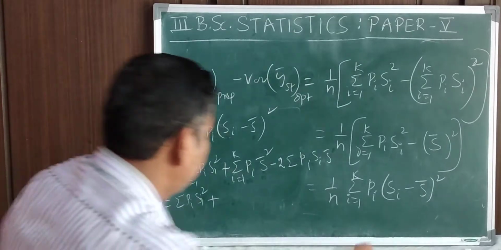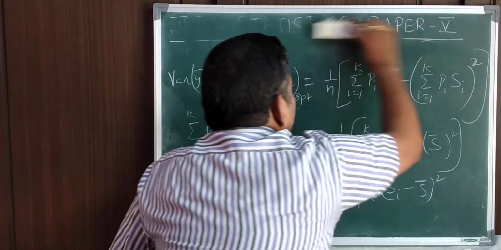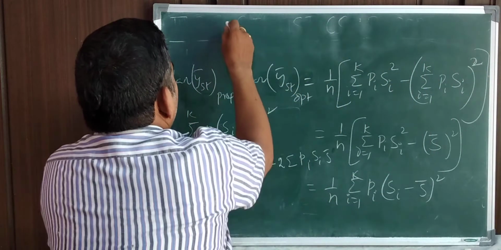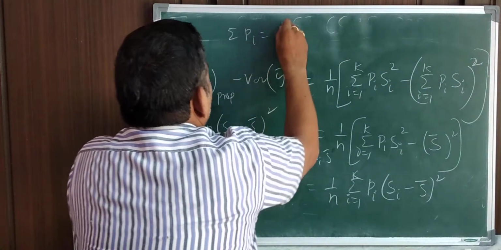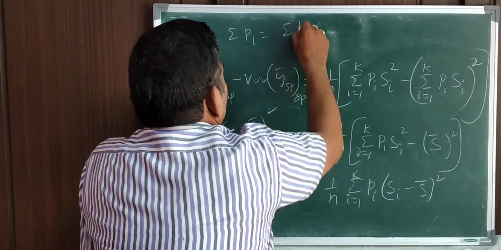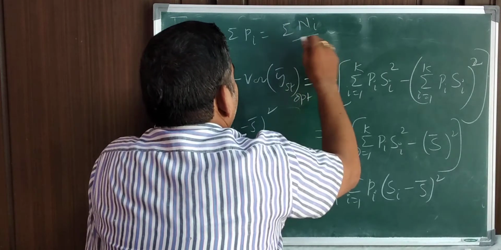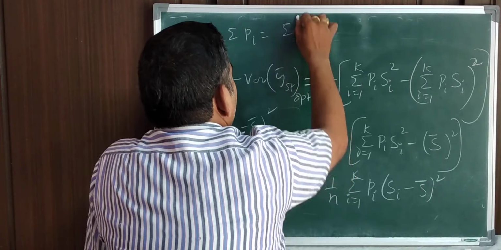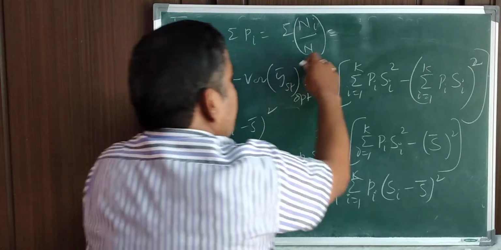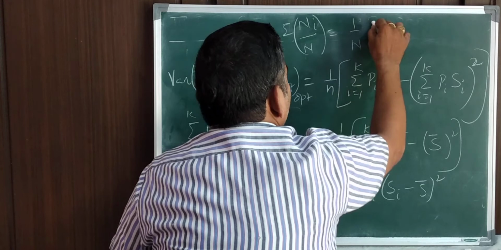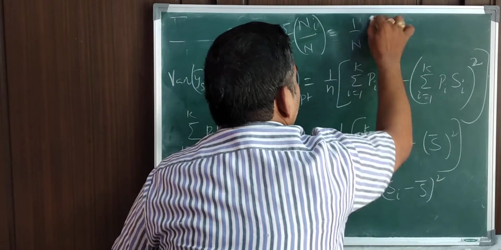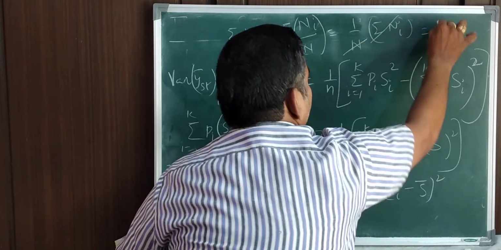Summation pi is 1. I can write it in this fashion: N is constant, I can take it outside, 1 by N summation ni. What is summation ni? It is capital N, so it is equal to 1.